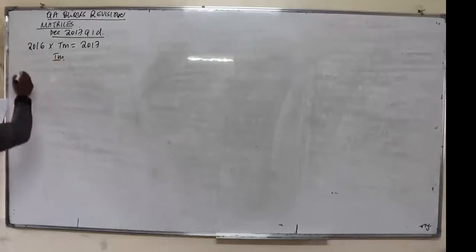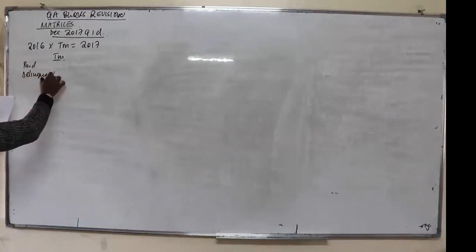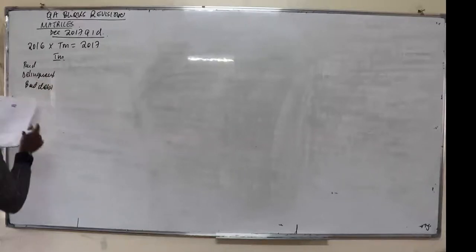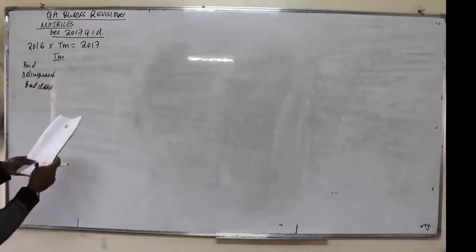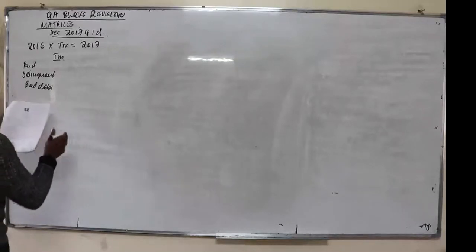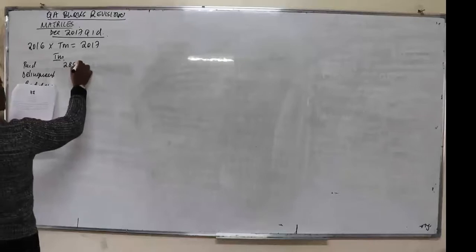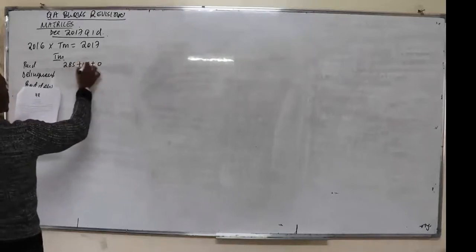So we have those deemed to be paid, also we have delinquent, and then we had bad debt. So let's add the totals. For those deemed to be paid, we have 285 plus 15 plus 0.